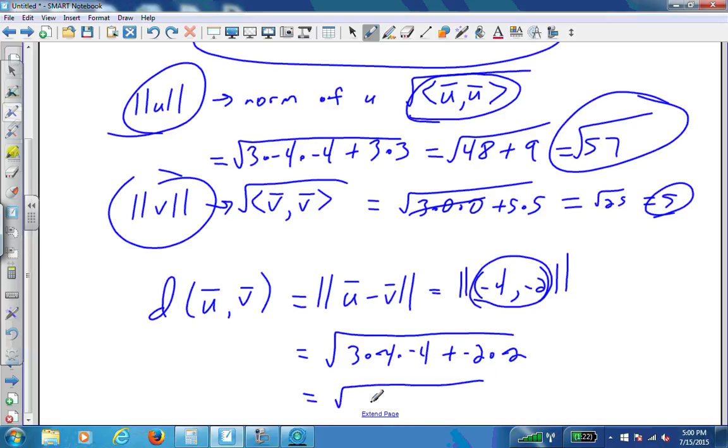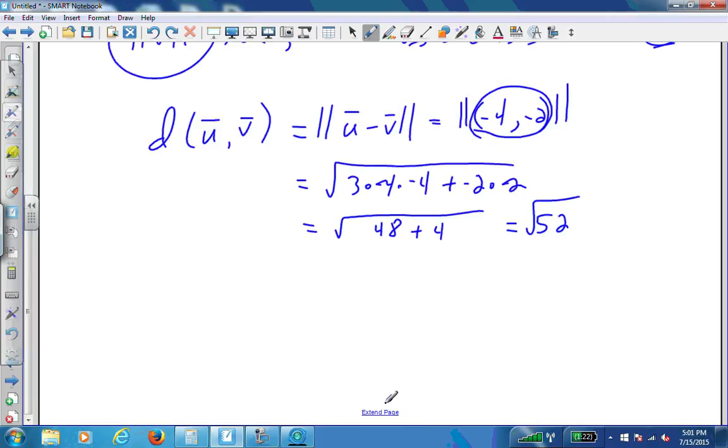So 16 times 3 is 48, plus 4. So the square root of 52. Which, let's see, that simplifies a little bit. We can leave it as it is for now, though.